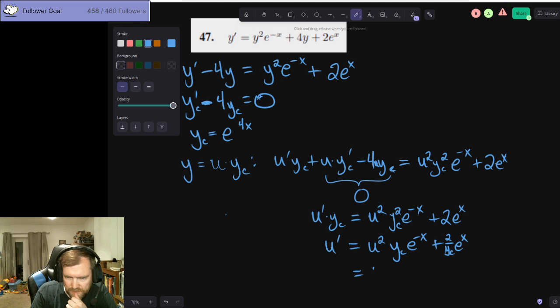Okay, so this is going to be y sub c e to the negative x times the quantity u squared times 1 plus, that's not separable. So if we're factoring that out, this is going to be e to the 2x over y sub c squared.